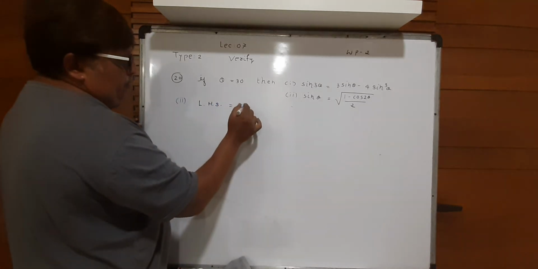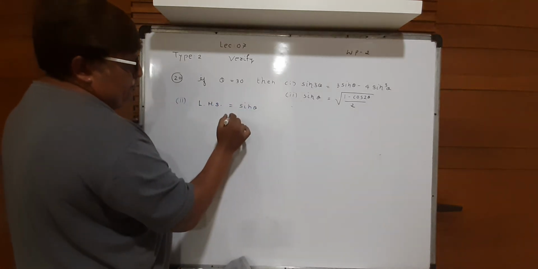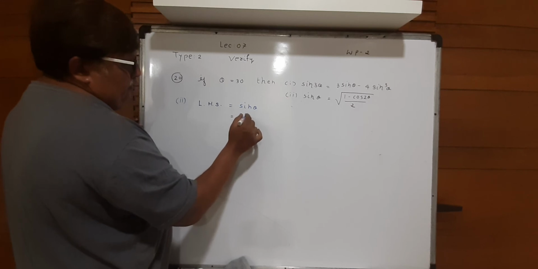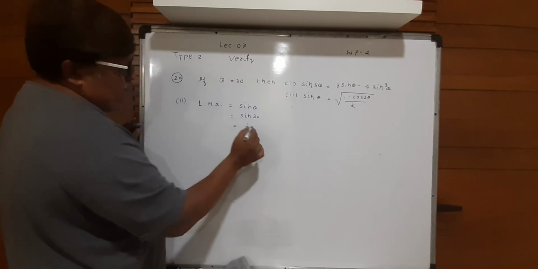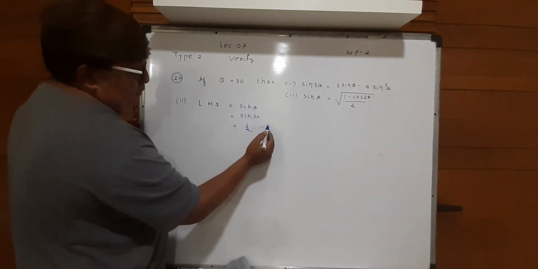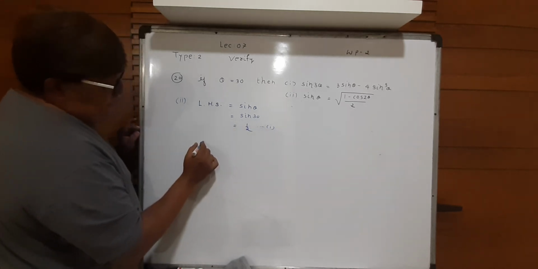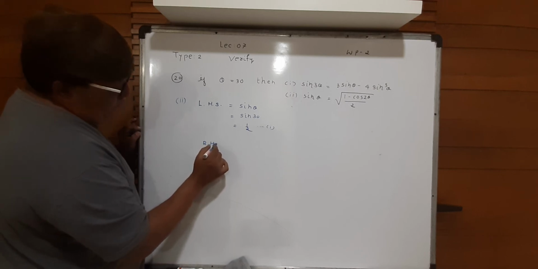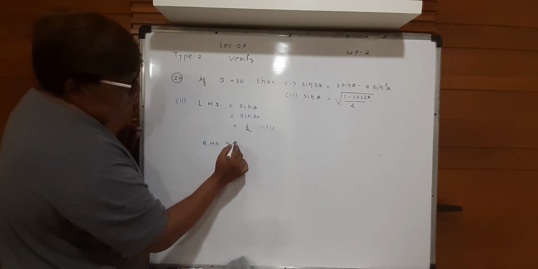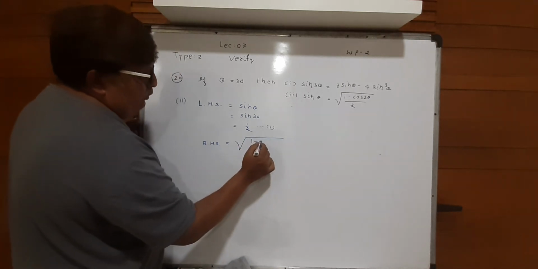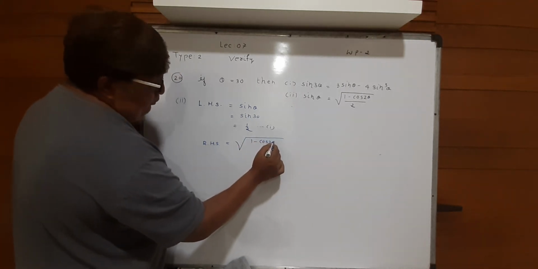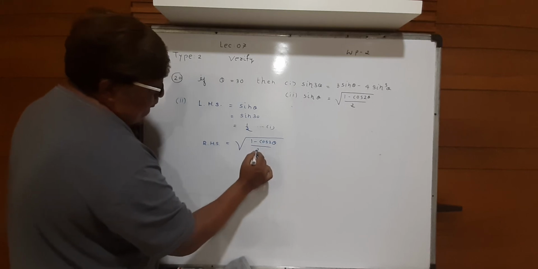LHS equal to sine theta, that sine 30 equals to 1 upon 2. Result number 1. RHS equal to under root 1 minus cos 2 theta upon 2.